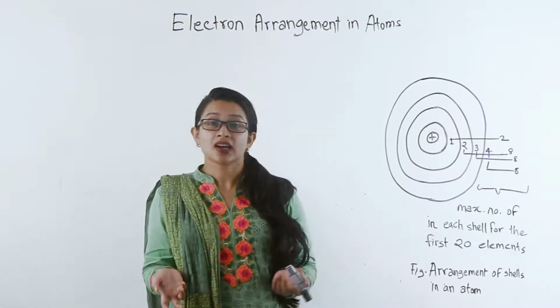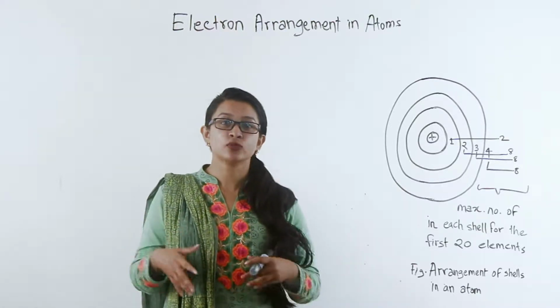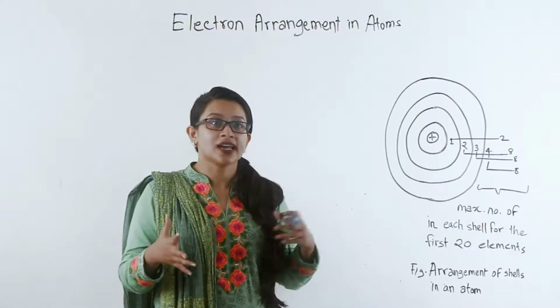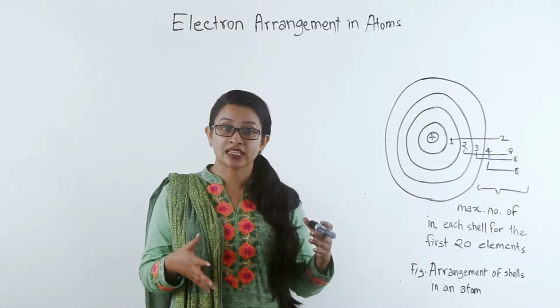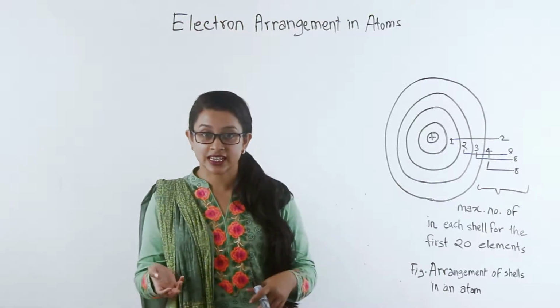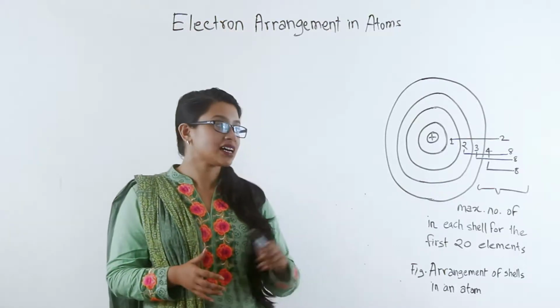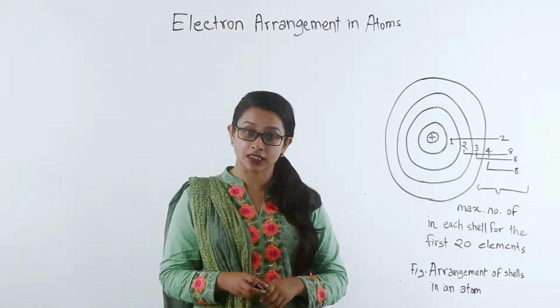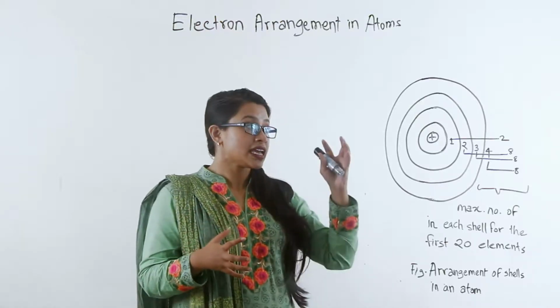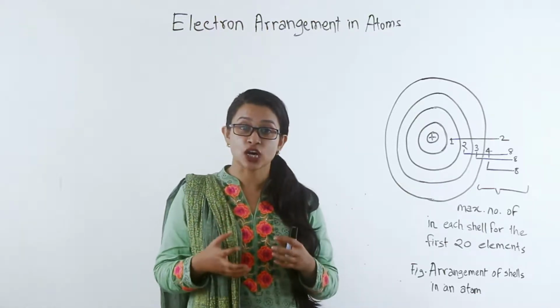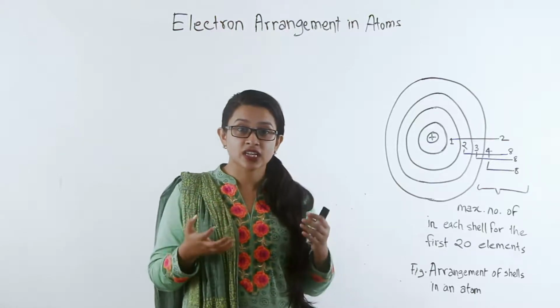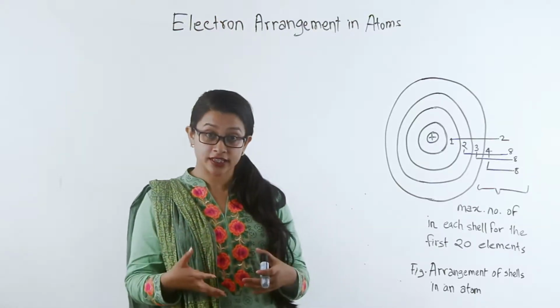But then again, why are they doing so, right? Why aren't they moving way further, or why doesn't one electron from one element just randomly move into the next? This doesn't happen because the strong positive nucleus of each atom is holding the negatively charged electrons by an attraction of a strong electrostatic force.